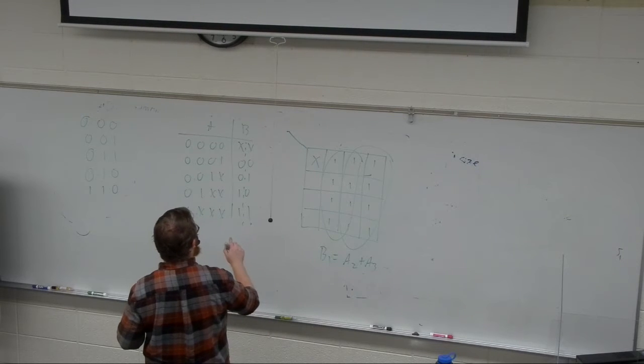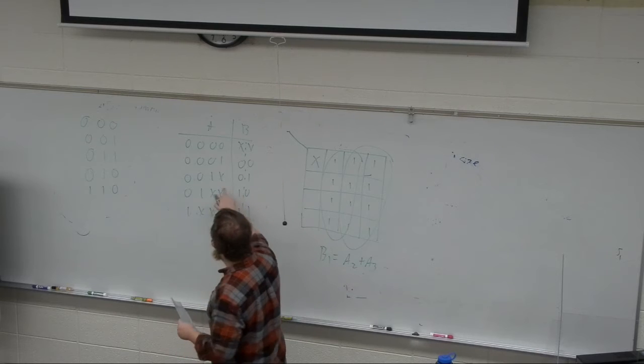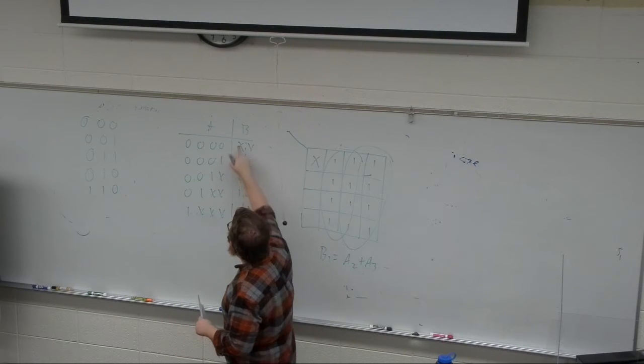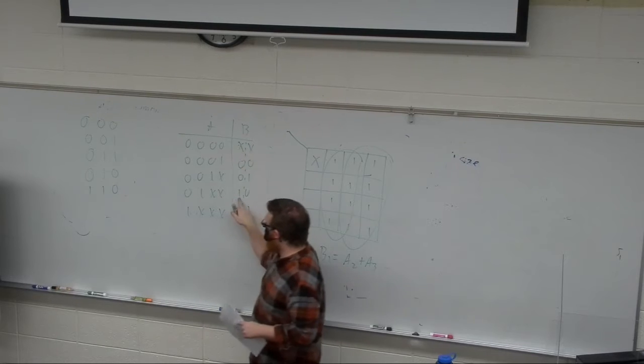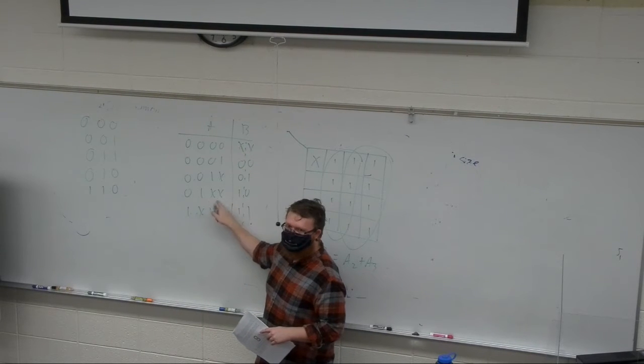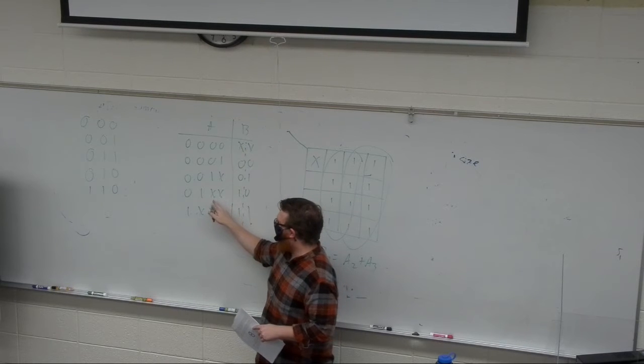Yeah, because the issue is that we don't have don't cares on this side, right? So if I take this column and this one, and I extend for all values of 1xx, it's not saying that all values of 1 don't care is don't care. It's all values of 1xx is 1.